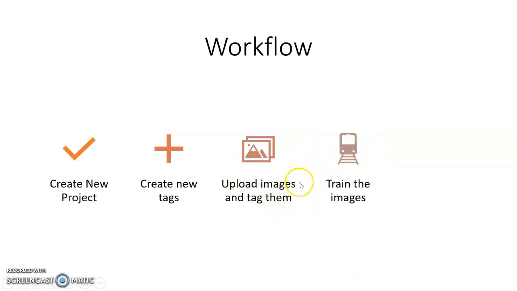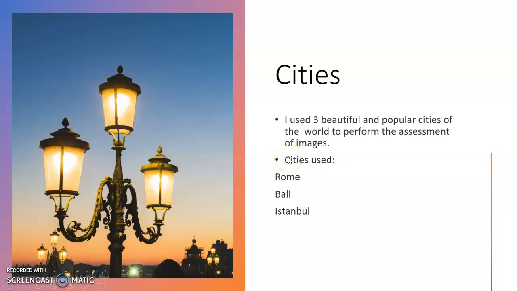After tagging and uploading the images, we need to train them to perform the assessment. And after training, a quick test can be performed to check the efficiency of the cognitive service which we are using. For this project, I would be using cities as the main image classifier.